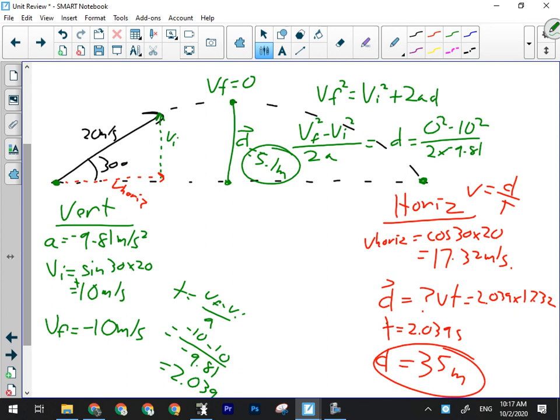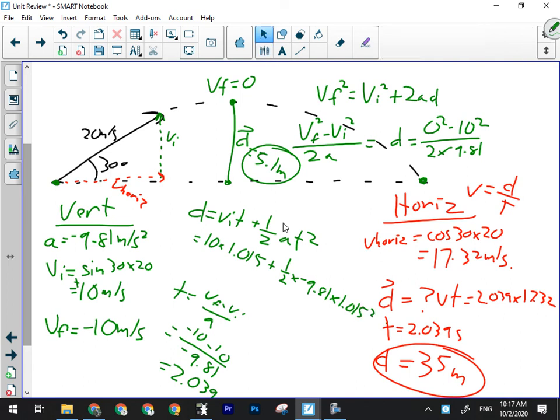If I was going to solve this using the other formula, which I very well could, we saw the other day that even I'll forget to divide the time by 2, because I did that the other day. We'll take that 2.03 and divide it by 2, so we'll have 10 times 1.015 plus 1/2 times negative 9.81 times 1.015 squared.